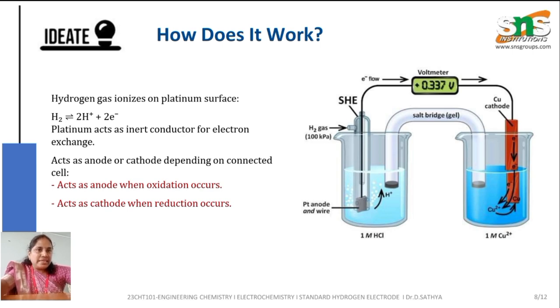The hydrogen gas ionizes on the platinum surface. That means the hydrogen H2 molecules give H plus ions, with the loss of two electrons. The platinum acts as an inert conductor for the electron exchange. It acts as an anode or cathode depending on the connected cell. So we can fix it anywhere as anode or cathode. It acts as an anode when oxidation occurs, and as a cathode when reduction occurs.